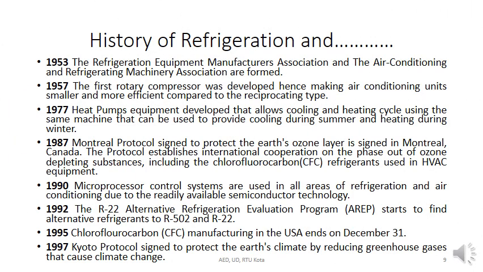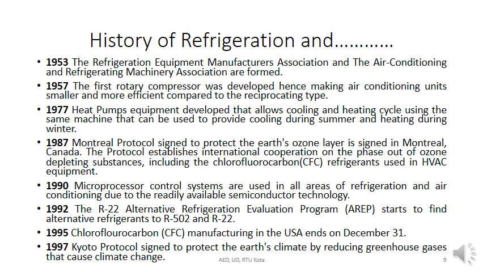The development of heat pump in 1977 allows cooling and heating cycle simultaneously in the same machine, so that the cost effective solution of refrigeration air conditioning can be used during summer as well as winter season.